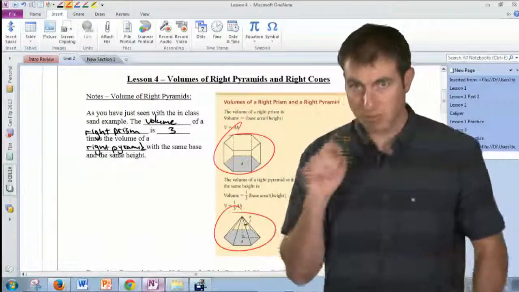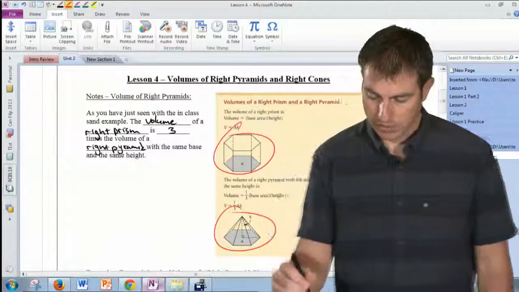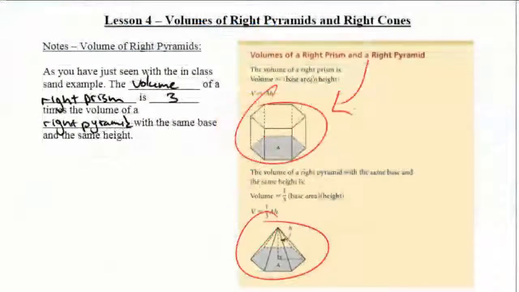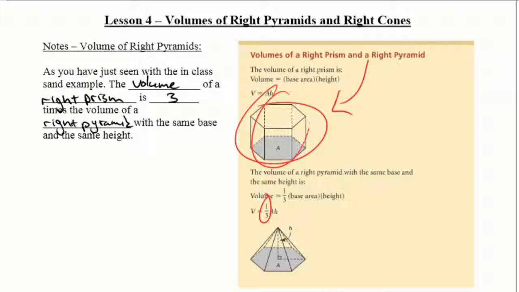So the 2 shapes we have here, this is a right prism up top here, and this is a right pyramid. It works out that the volume of the right pyramid down below here is 1/3 the volume of this guy. So you can fit the volume of 3 of these into the same base shape. So that's kind of where this stuff is coming from.